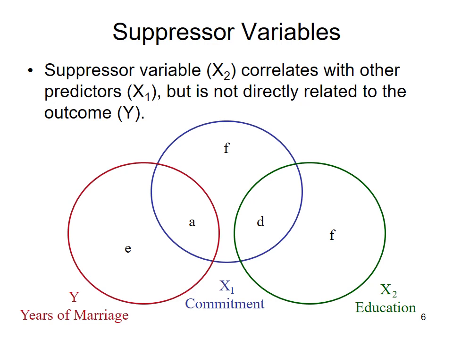Likewise, if we ran a multiple regression model with all three of the predictors, and suddenly we find that neither commitment nor education is related to years of marriage, that's another indication of a suppressor variable. What has happened is that in the overall model, that error has been thrown more towards the relationship between X1 and X2, reducing the estimate of the relationship between X1 and years of marriage. Again, there's no easy test for a suppressor variable.